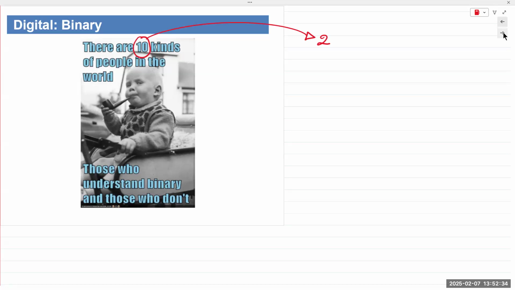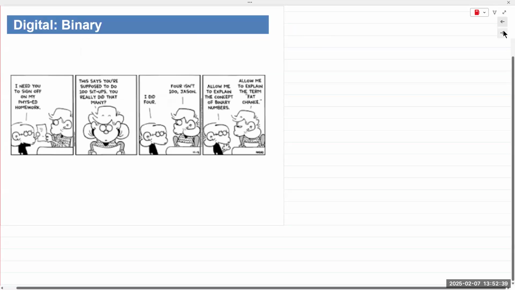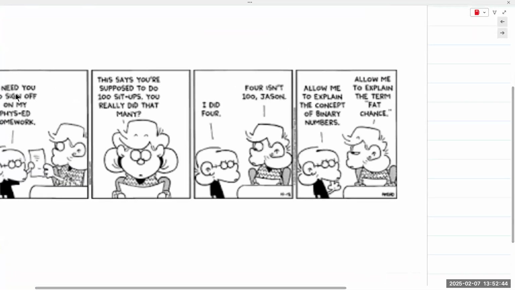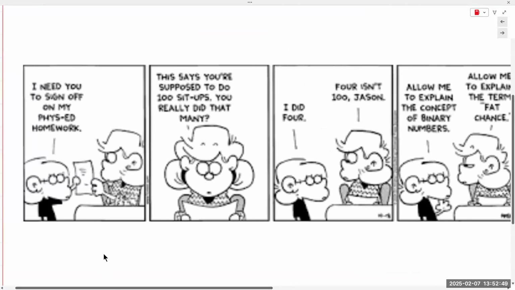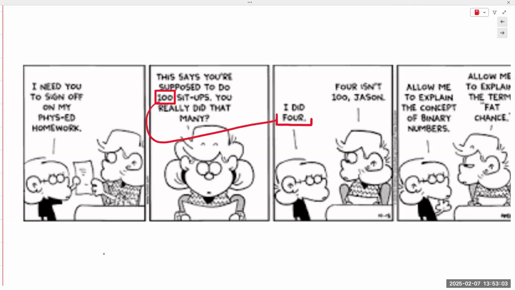And I have another comic panel in the next one. It's just funny. I don't know of an elementary school kid who knows binary, but if he does, 100 is absolutely right. It represents 4 in the binary number system.